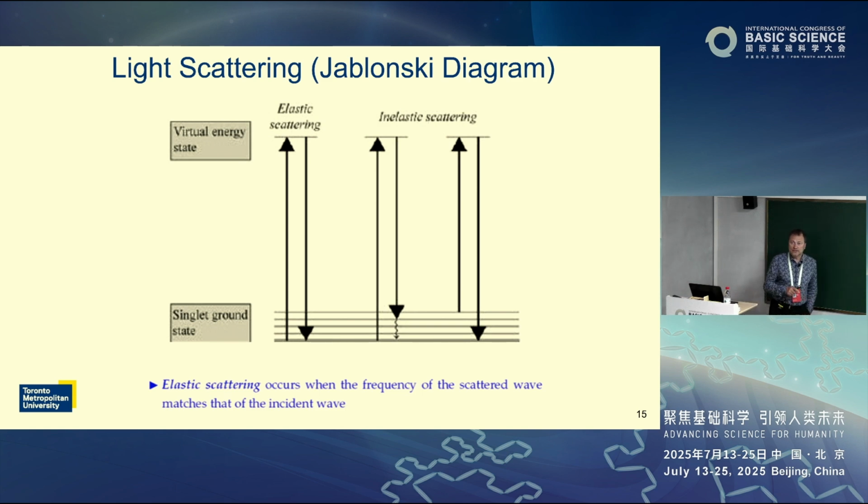That is called elastic scattering, and it differs from inelastic scattering, when the molecule is excited to the next level and comes back, but there is a certain loss of energy. That's when we are talking about Raman scattering and infrared spectroscopy.